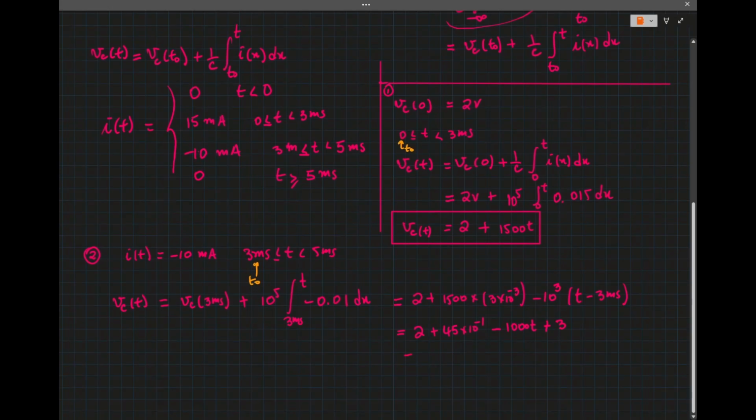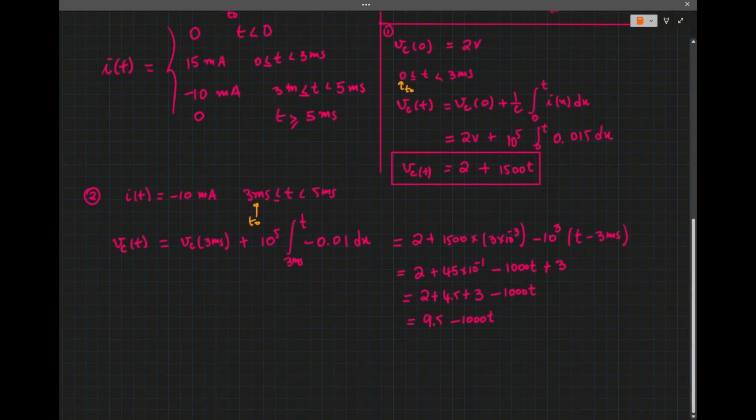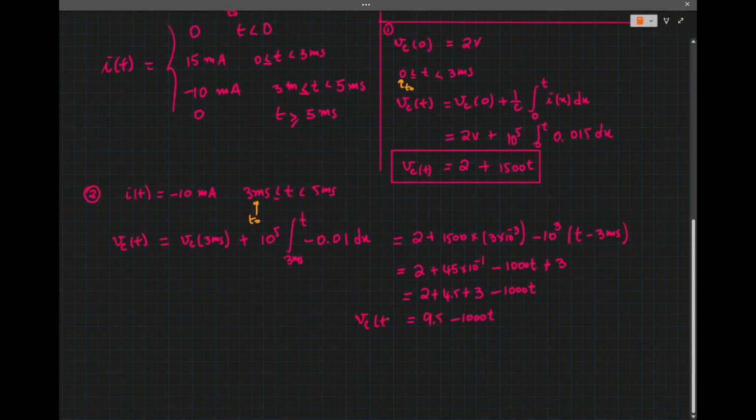So this is 2 plus 4.5 plus 3 minus 1000 t. So that's 9.5 minus 1000 t. So that's the VC of t for this interval.